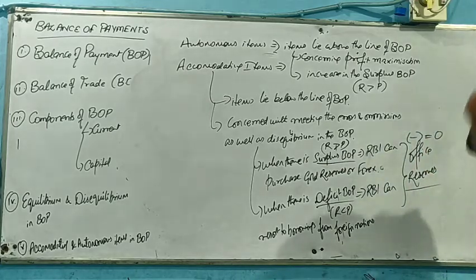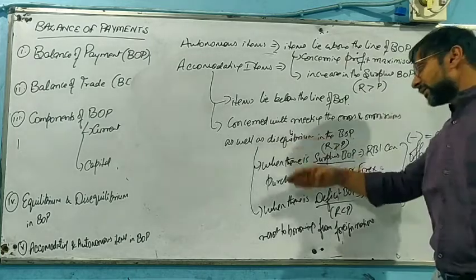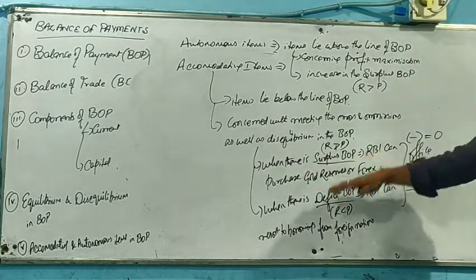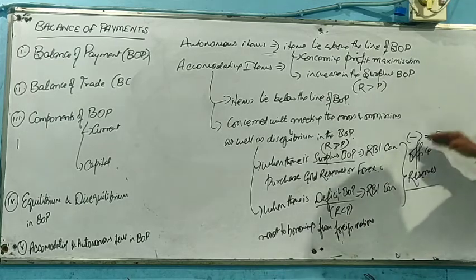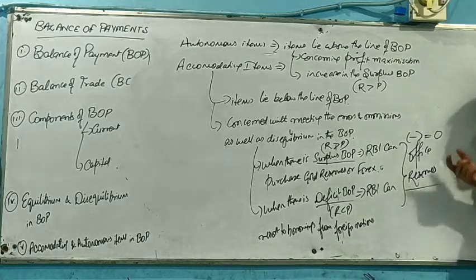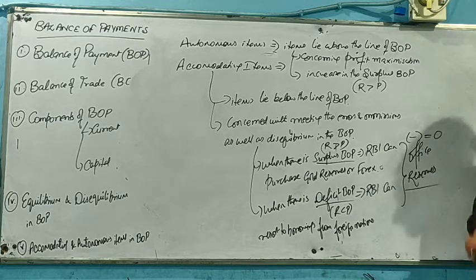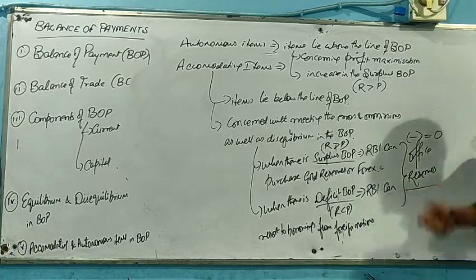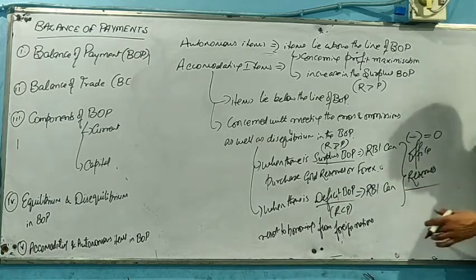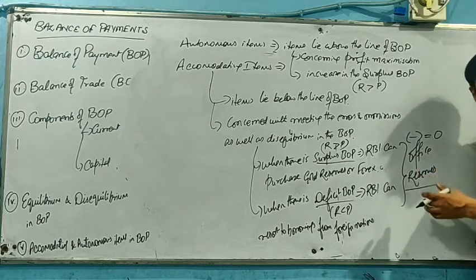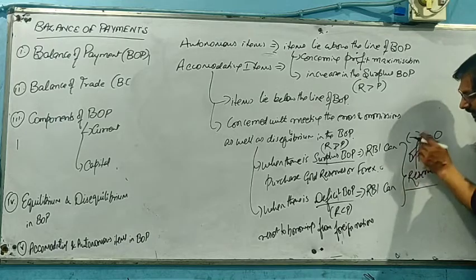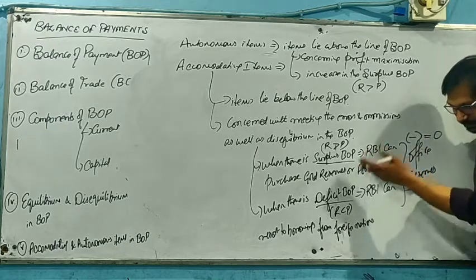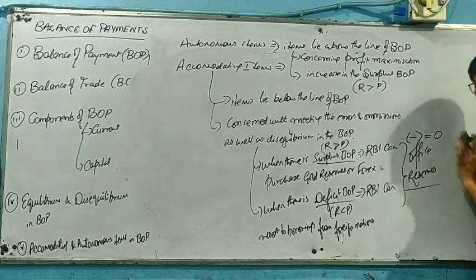I repeat once again, accommodating items generally in case of surplus BOP and deficit BOP are undertaken with the help of official reserves. These official reserves are being undertaken by RBI or monetary authorities of a country that is concerned, that leads to the equalization in the disequilibrium way by making the equal amount of surplus or deficit in order to make it zero.